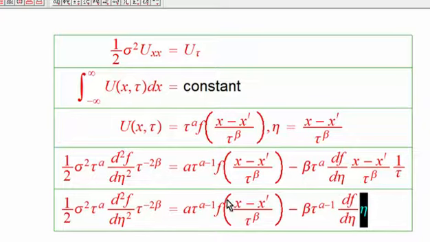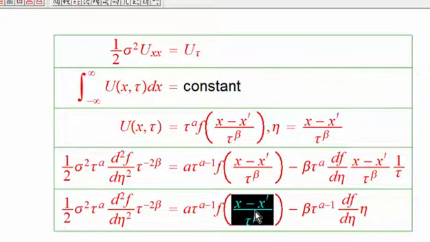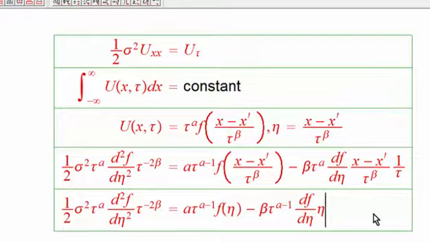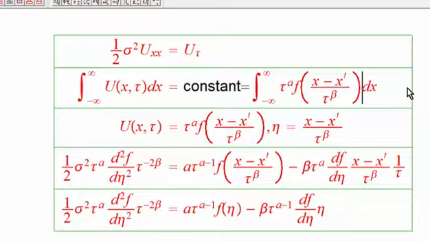Let's put all our etas back. Now, I've got it's like a second derivative here. What can we do? Oh, well, I haven't used this piece yet. If I integrate over all the x's, this has to equal a constant for all time, so it can't change as time goes on.